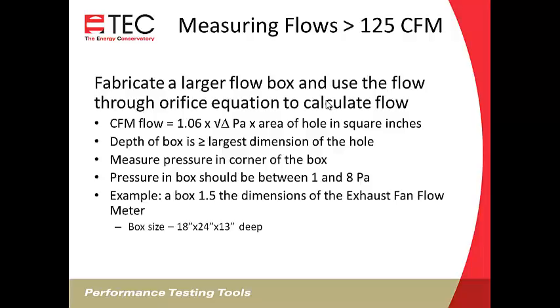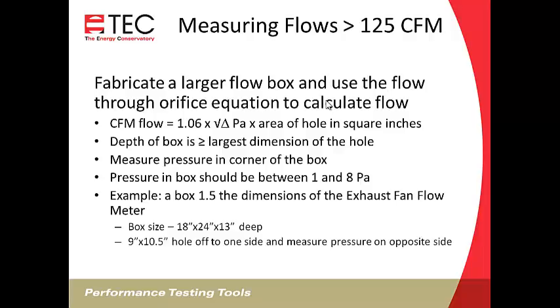So the box size, if you're going 1.5 times the dimensions, will be 18 by 24 by 13 inches deep. And the hole in the box will be 9 by 10.5, and you'll have the hole off to one side of the box, and you'll measure the pressure on the opposite side of where the hole is. You want to get over in a corner where you have real stable readings.